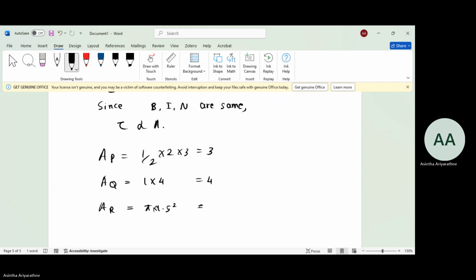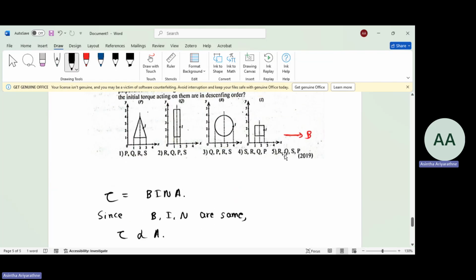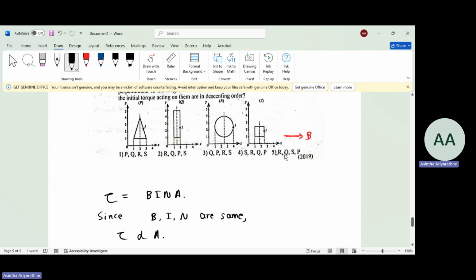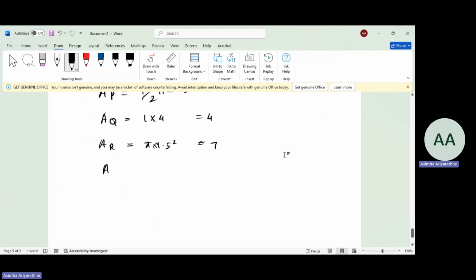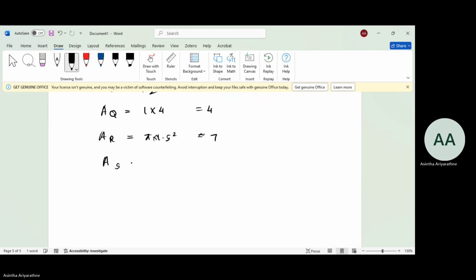The area of the last loop, S, is 1.5 squared, 2.25.